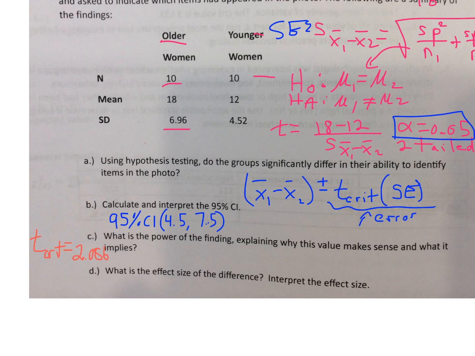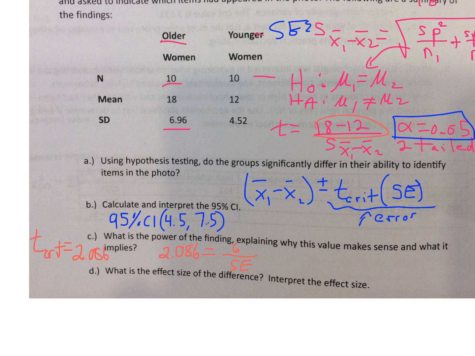So if we set our independent t-test equation equal to our t-crit value, we have 18 minus 12 on top, so that would be 6 over the SE.